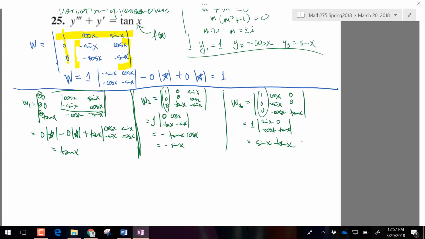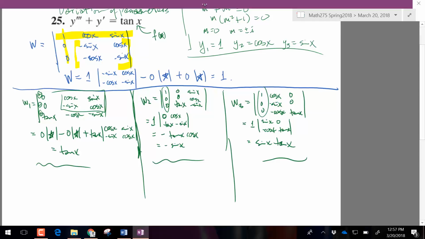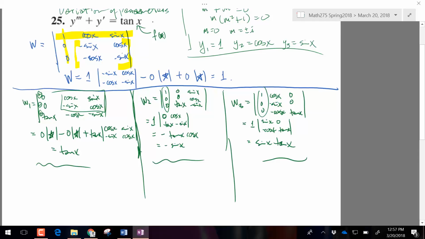All right, well, because the original W is equal to 1, our U's are just going to be these W1, W2, our U primes. So let's get our U primes, and then we'll find antiderivatives.